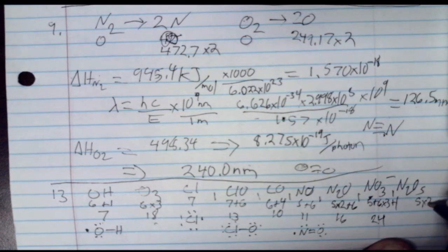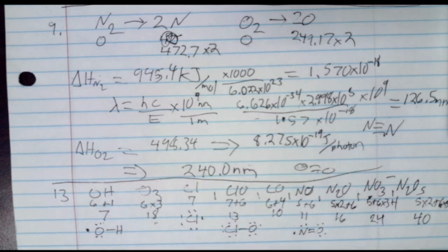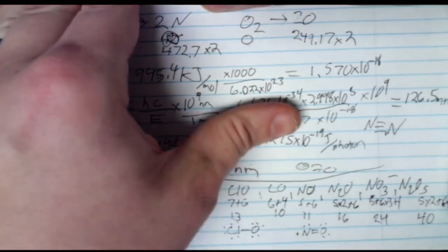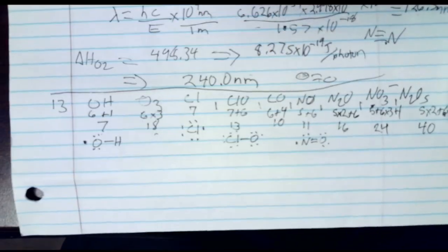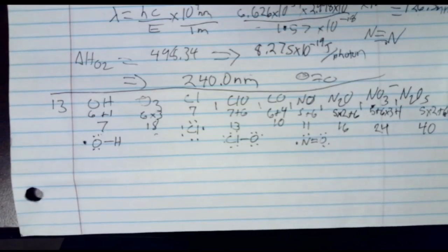N2O5, 5 times 2 and 6 times 5, 30, 40 electrons, no radical. So if you can see that an odd number of electrons means we have a radical, that one is actually amazingly quick and fast compared to all the other stuff.